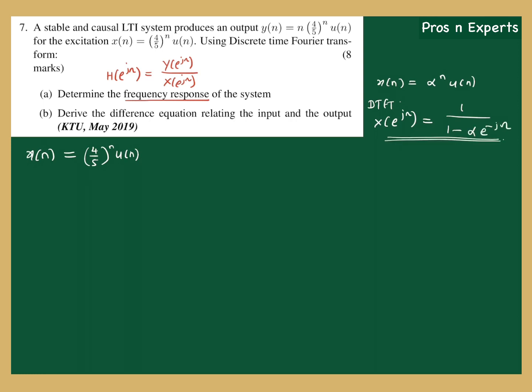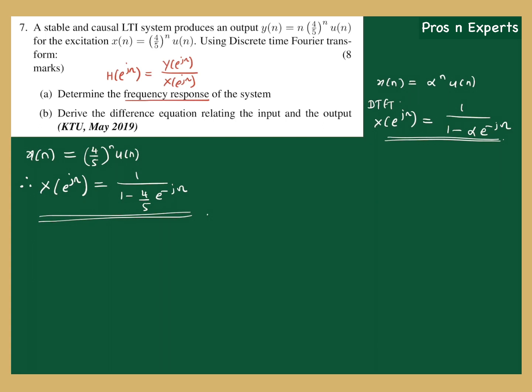Here in the question, our x of n is of the form alpha raised to n u of n. So directly we can write the DTFT of x of n as X of e raised to j omega equal to 1 by 1 minus 4/5 e raised to minus j omega. So we have easily found X of e raised to j omega.